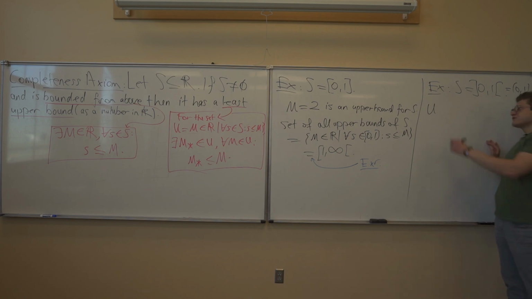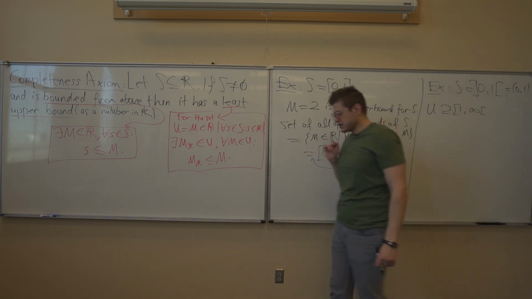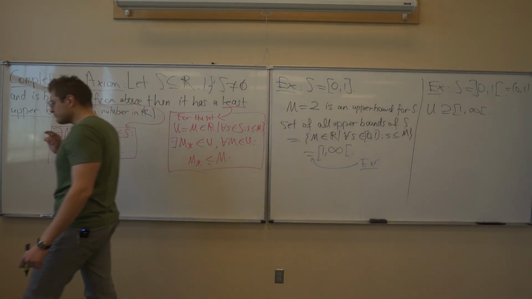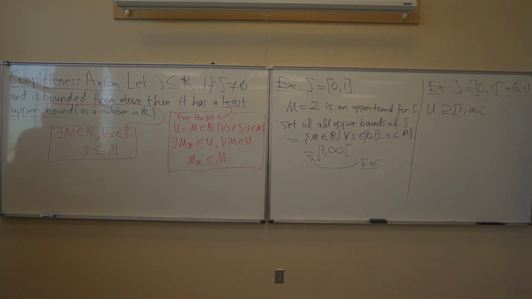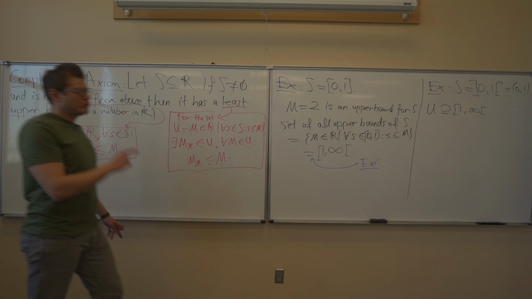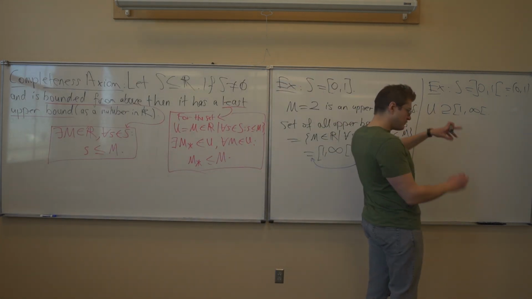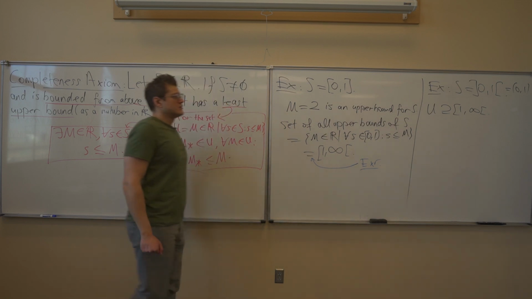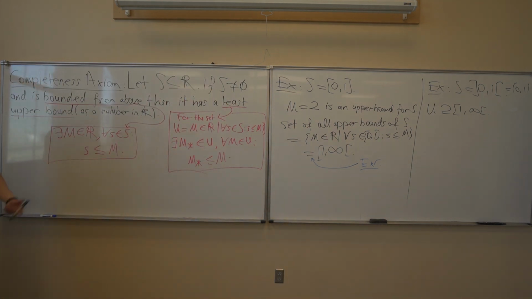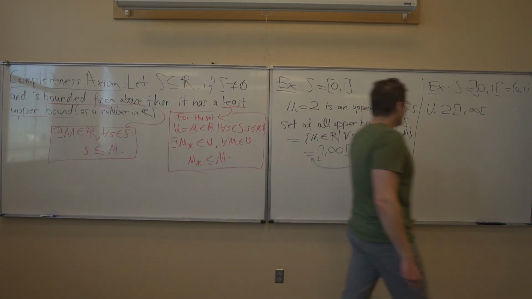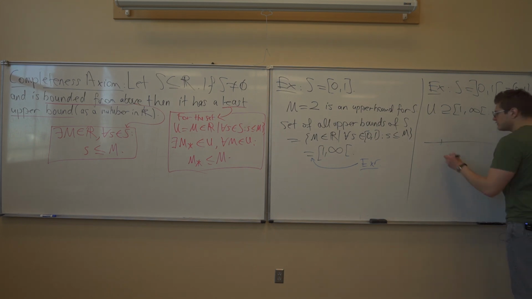Now the question is, so far we have this. Is there a number that is less than 1? In other words, is U, the set of upper bounds, equal to this set, or is it possibly larger? Maybe let's draw a picture. Here's 0, here's 1.